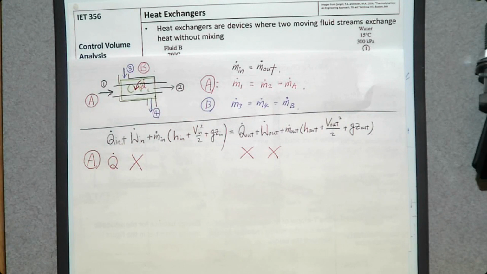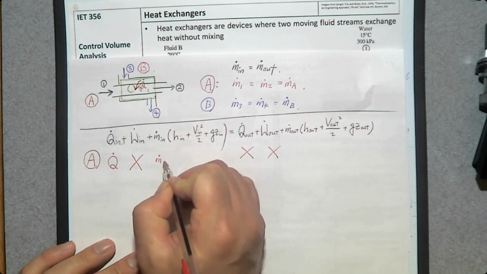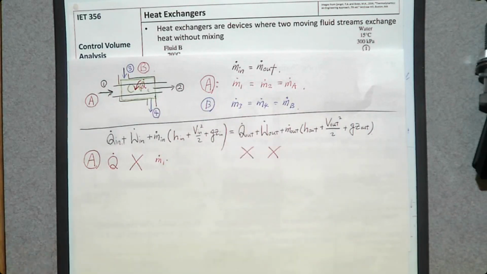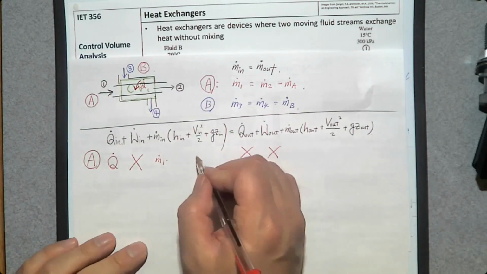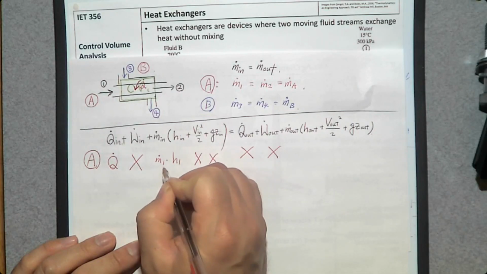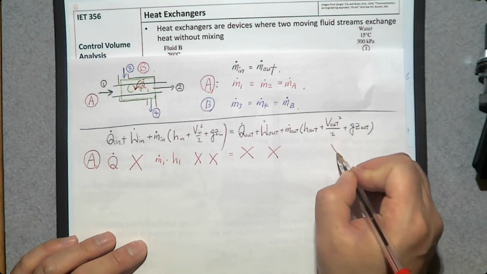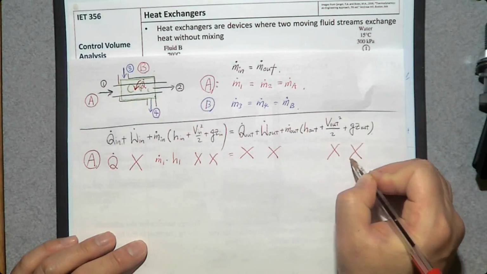What is the inlet? Number 1. M dot number 1, and we need to consider enthalpy. What about kinetic energy, potential energy? We can neglect them. M dot number 1, h1, we can neglect kinetic energy change and potential energy change.